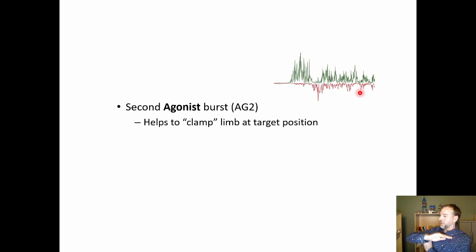So if I launch with my tricep, I start to slow down, and now to really clamp down on that target, if I activate both muscles, well, my arm is going to freeze in place, right? So the second agonist turns on to produce co-contraction with the antagonist and stop the arm, hopefully right where we want.